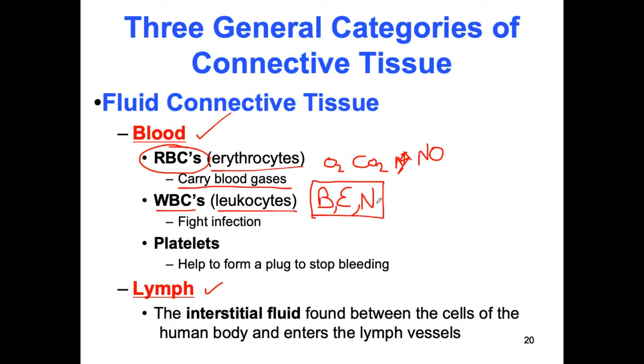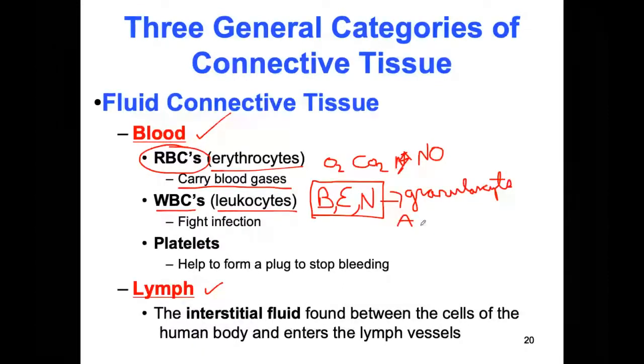These are what we call granulocytes, because those cells have granules. And then we have agranulocytes. You just put the letter A in front of that word. And those are lymphocytes and monocytes. So lymphocytes, monocytes, basophils, eosinophils, and neutrophils, those are your white blood cells.